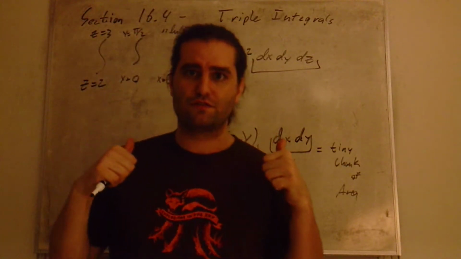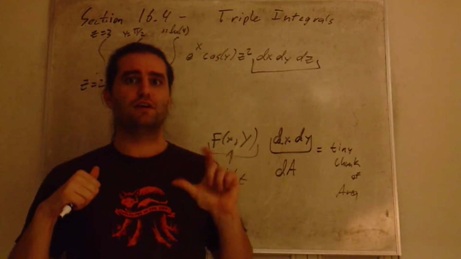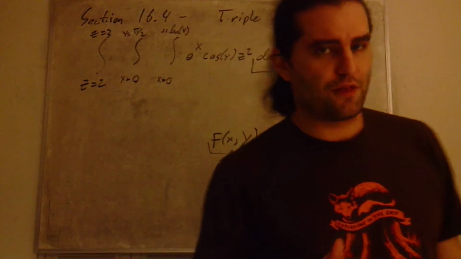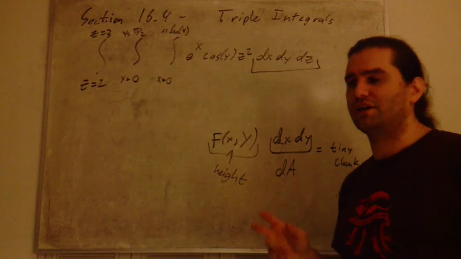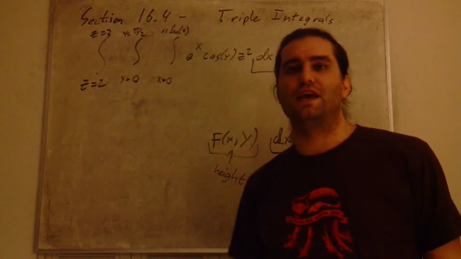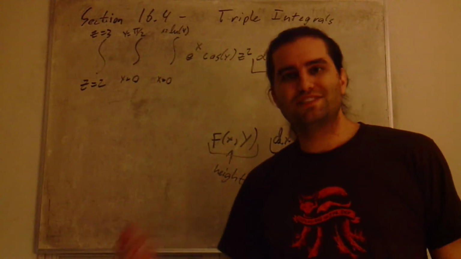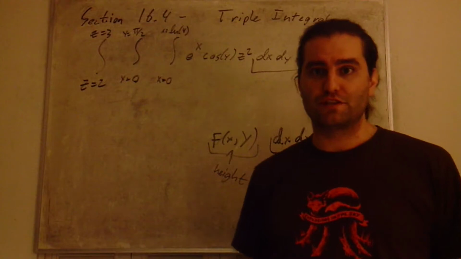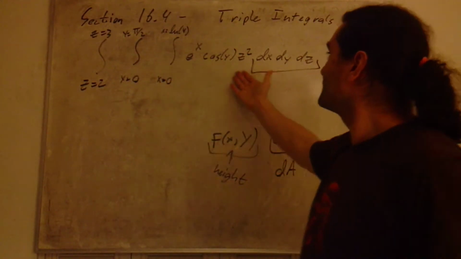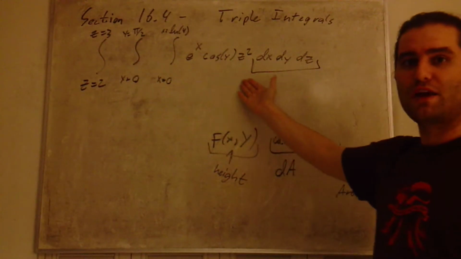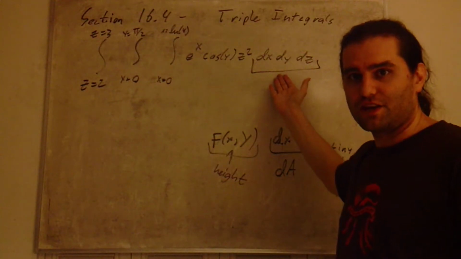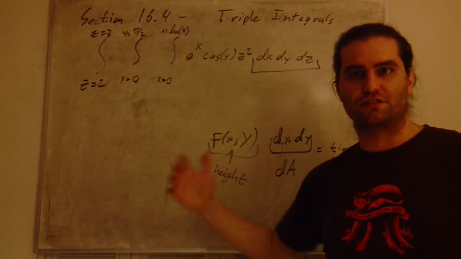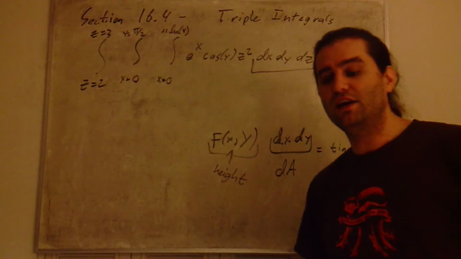Triple integrals are going to be a little different sometimes. The most mundane interpretation of a triple integral is that there is no interpretation. Stuff like this is probably just weird made-up nonsense for a mathematical exercise that doesn't represent anything in the physical world. It's just practice for us to do the math process. This doesn't mean anything.